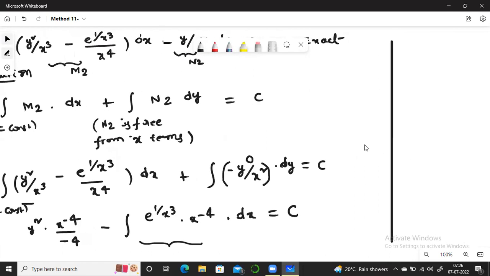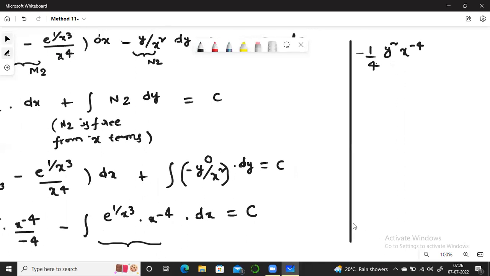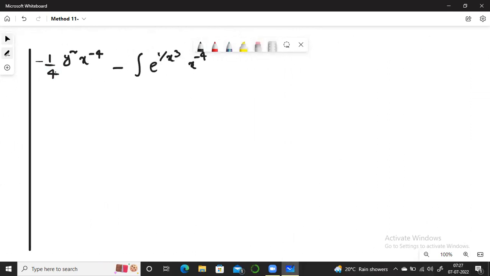The final equation: y square into minus 1 by 4, y square into x to the power minus 4, minus integration of e to the power 1 over x cube into x to the power minus 4 dx is equal to constant.